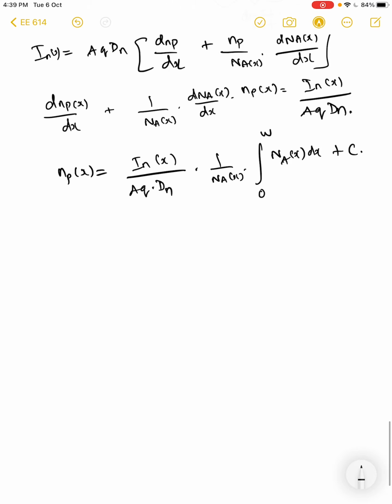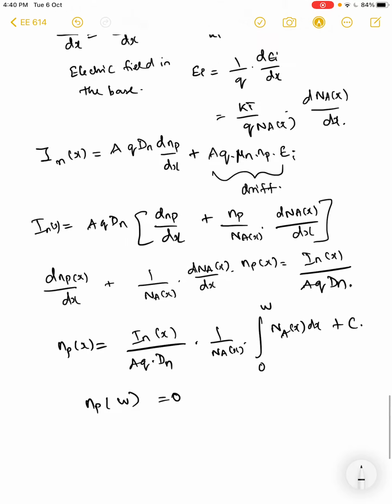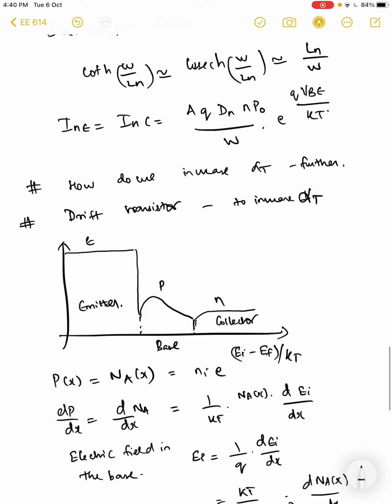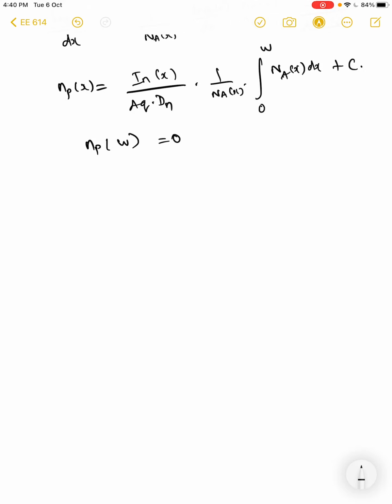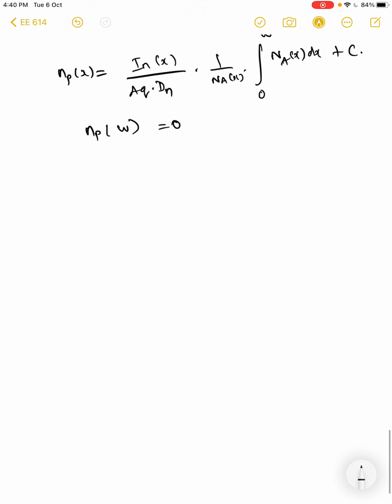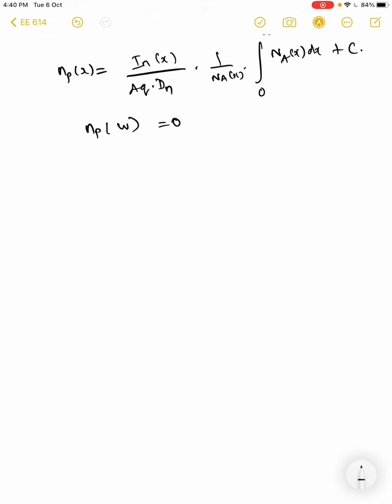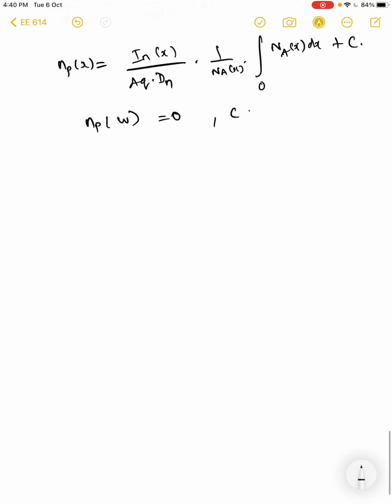And you have the boundary condition, because we know that Np(W) is going to be 0, because at the edge of the depletion width the base collector junction is actually reverse biased, so you do not have any electrons at the edge of this depletion width, right? So if you put this to be 0, then you get C to be equal to 0, right?